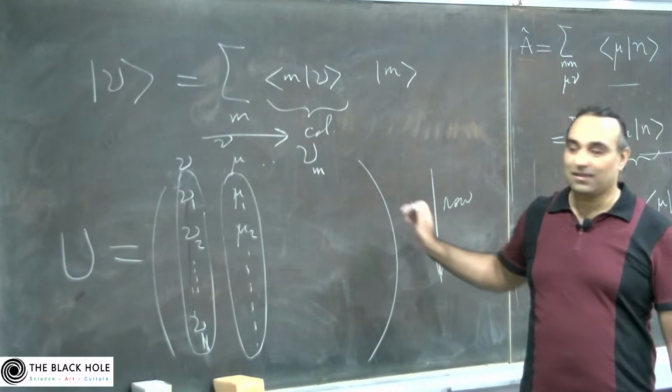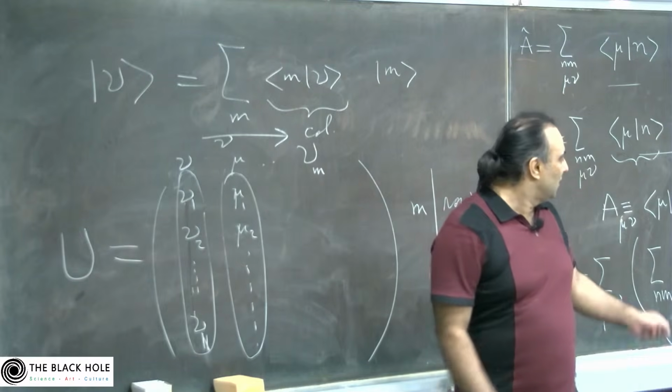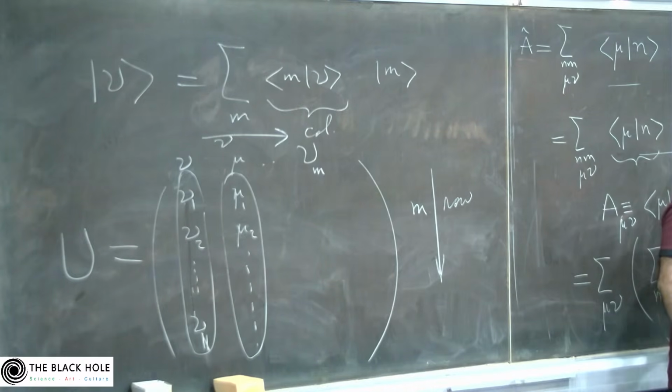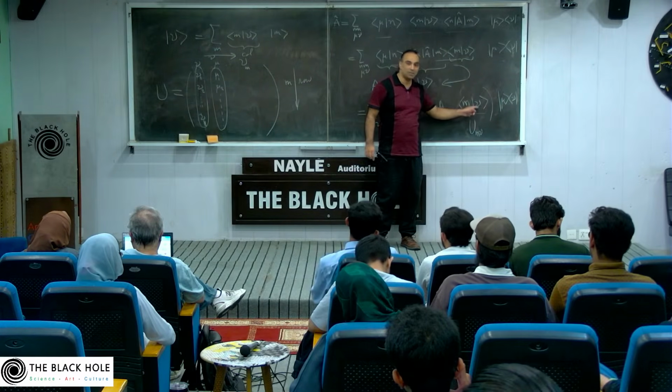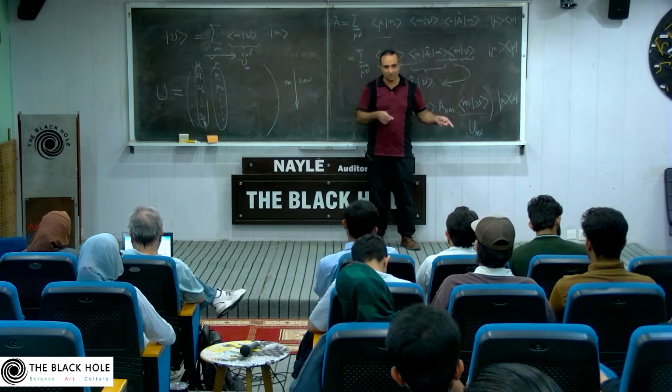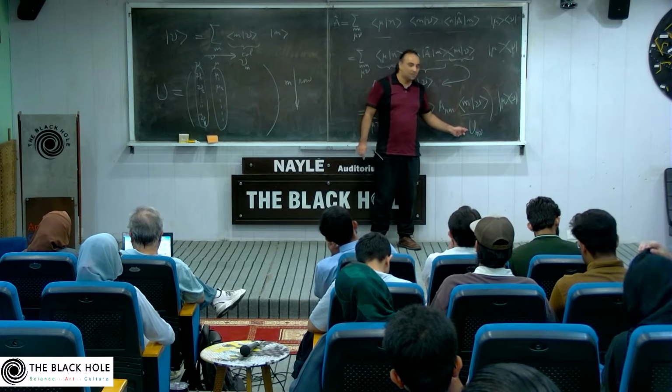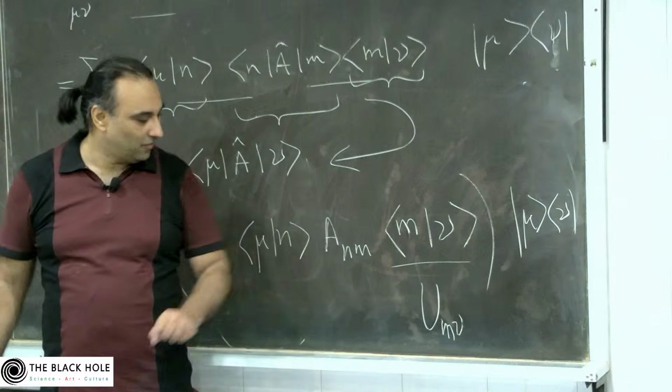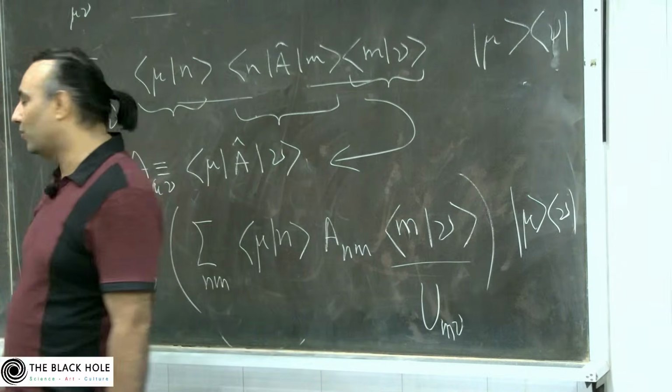So this is the first index, this is the second index. So this whole thing, when you vary these two, is a matrix basically. There are two indices, so it's a matrix. So we call that μν.